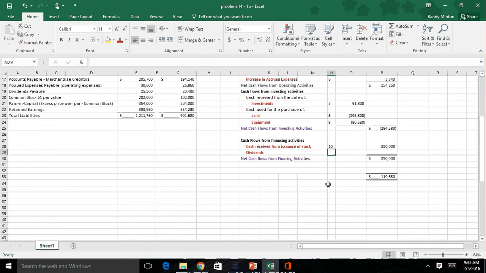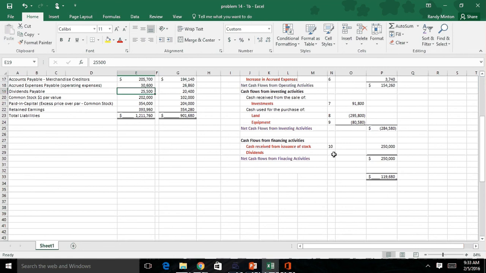And here's the reason. Look up here at your dividends payable. Dividends payable went from 20,400 to 25,500. That's an increase in that payable, even though we had a debit to retained earnings for cash dividends declared of 102,000. You see, this difference here has to be subtracted from the 102,000 in order for the cash flow to be properly reflected.